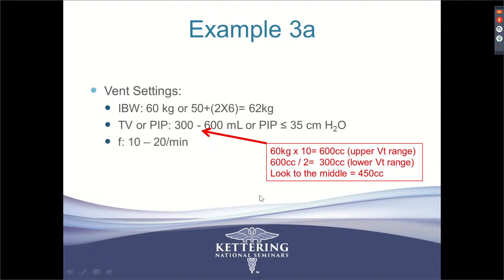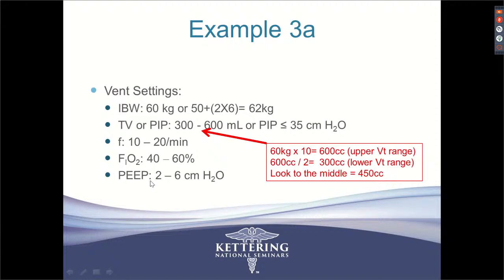The rate for my box says I should choose 10 to 20. For every patient that I put on mechanical ventilation, I do all these calculations every time on a separate piece of paper so I've got something to look at, all right? 40% to 60% is the range I'll pick for the FiO2.